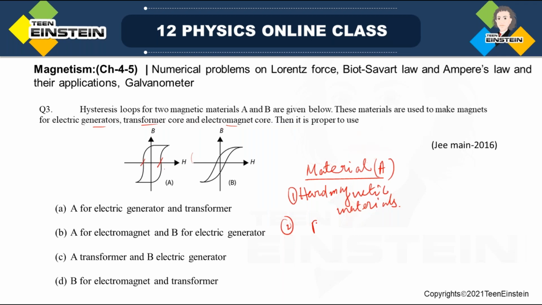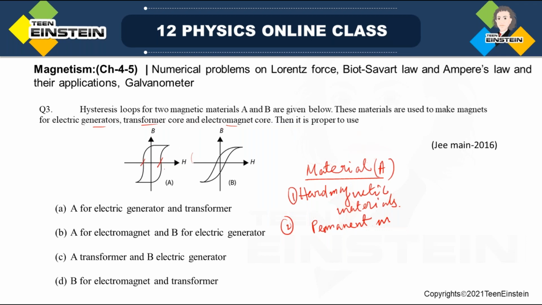These materials are called hard materials, which have greater hysteresis and more coercivity. It is very difficult to make the magnetization zero once it is magnetized, so it can be used for a permanent magnet.